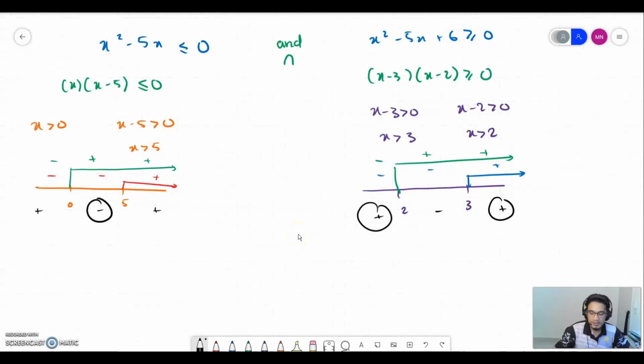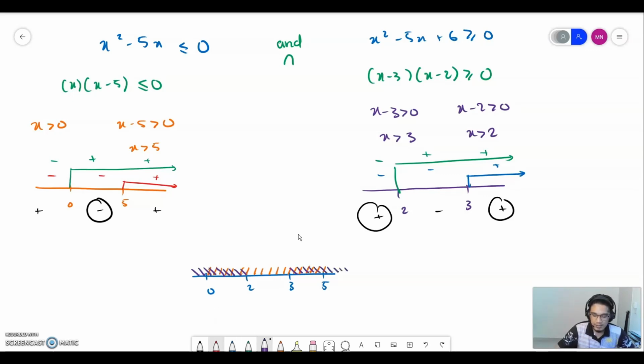Okay, now we combine those two answers with a relationship of "and". So we have 0, we have 2, we have 3, and we have 5. From the positive part we have from 0 until 5, and from the negative part we have from negative infinity until 2, and from 3 until positive infinity.